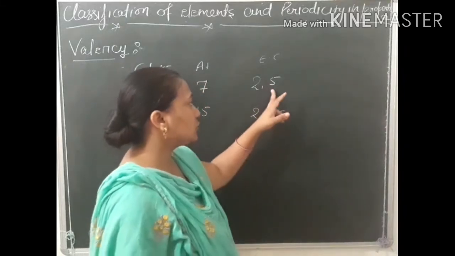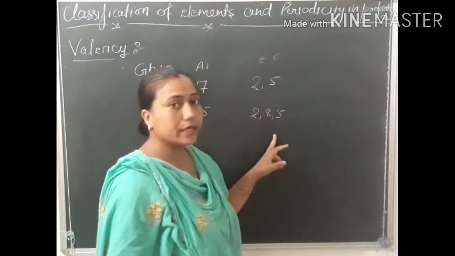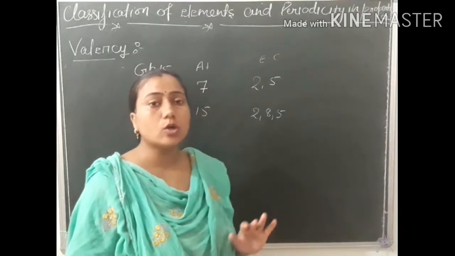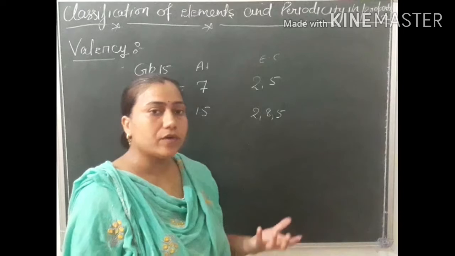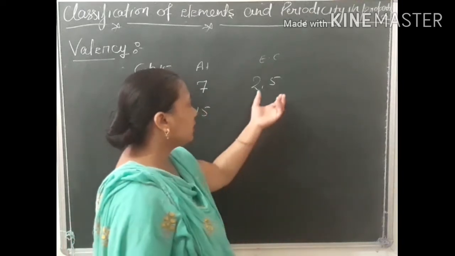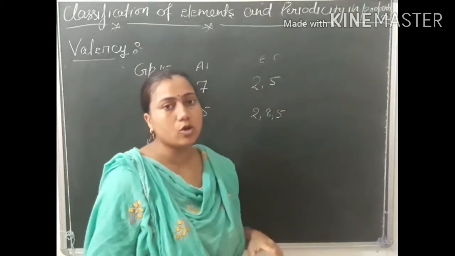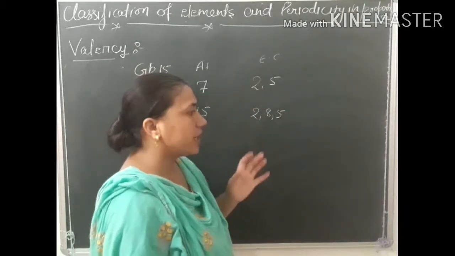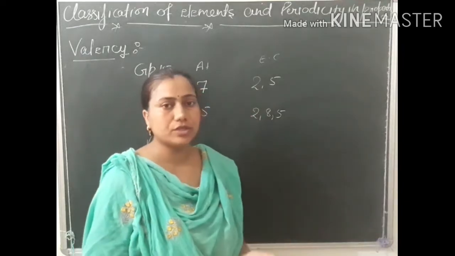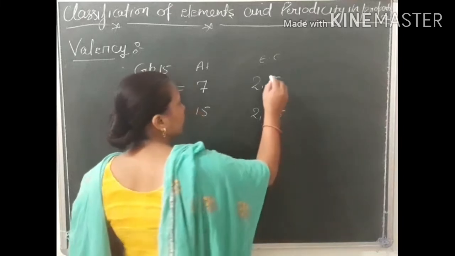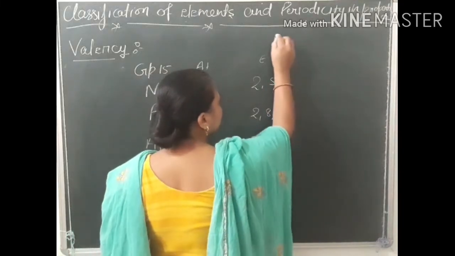Now there are 5 electrons in their outermost shell, so we can say that it cannot lose the electrons. It has a tendency to accept electrons, to gain electrons, so it requires 3 electrons to complete its outermost shell and acquire noble electronic configuration. So it gains 3 electrons, so its valency is 3.